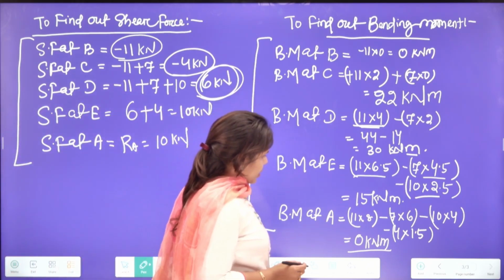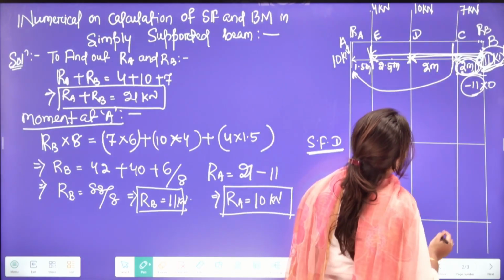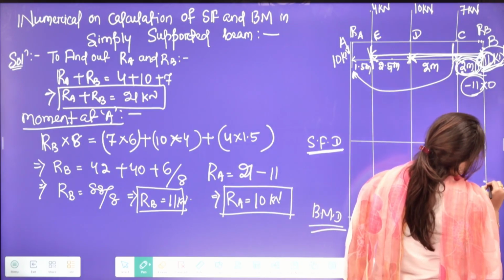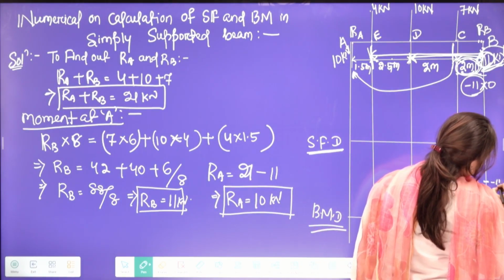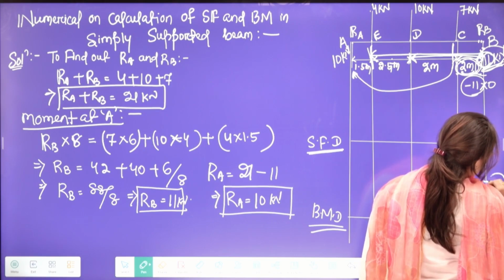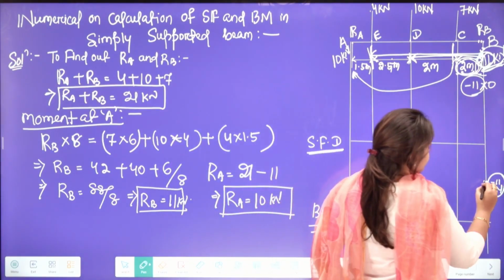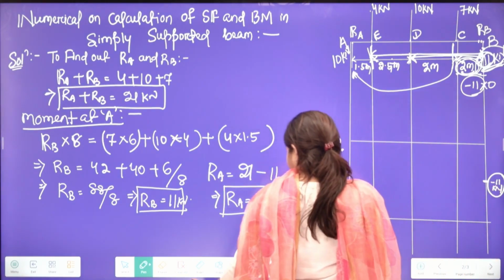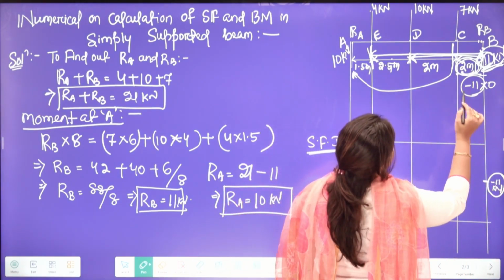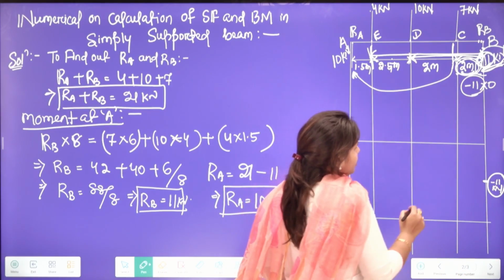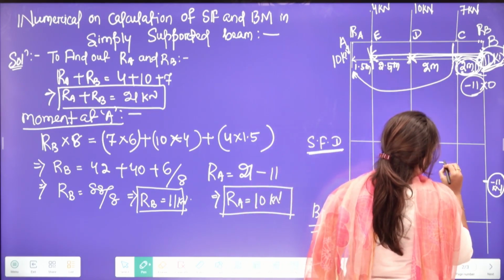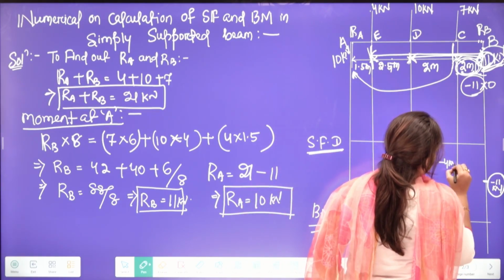Okay. So here minus 11 kilonewton at point B. Okay. So we can join this and at point C we are having minus 4. Minus 4 kilonewton.